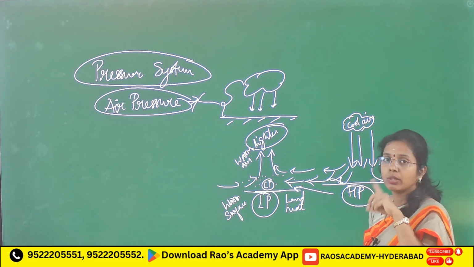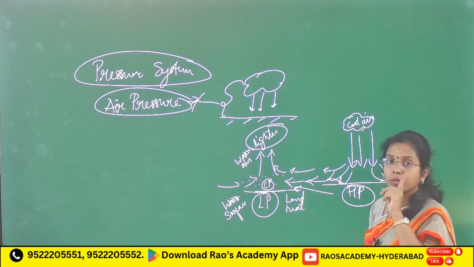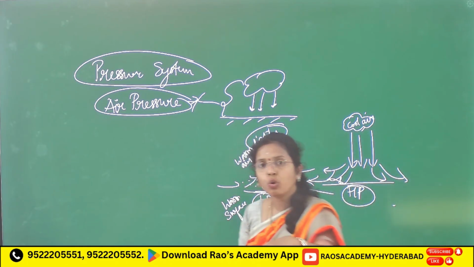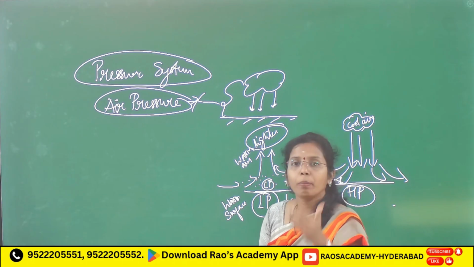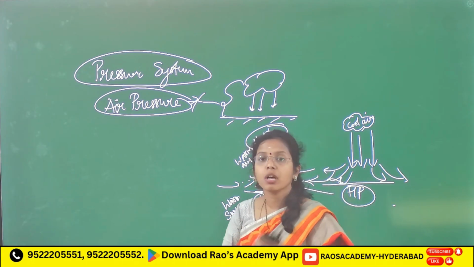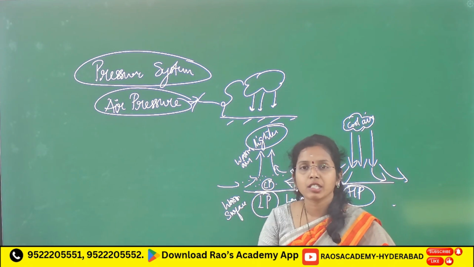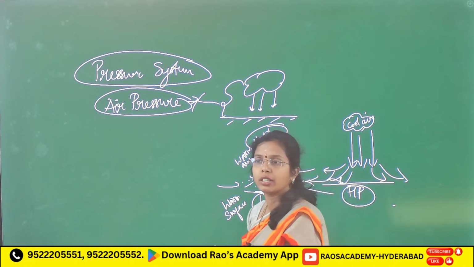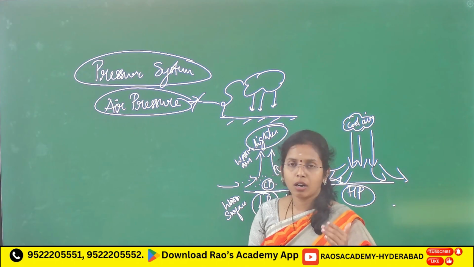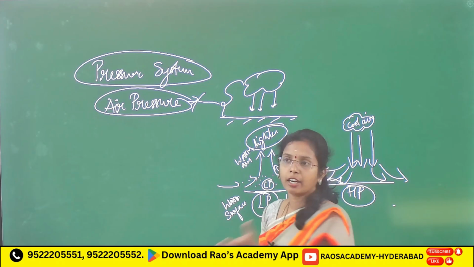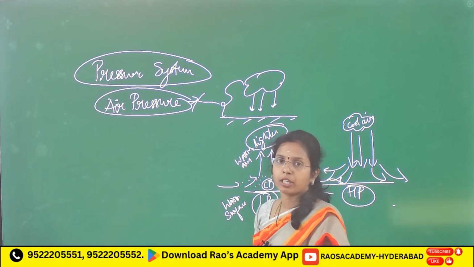Here you will see alternate pressure systems in the Indian monsoon. Because of this alternate shifting, you have to know when low pressure forms and when high pressure forms. Low pressure forms when you see a warm surface compared to the ocean. If land is hot, on land you will see low pressure, and on sea you will see high pressure.